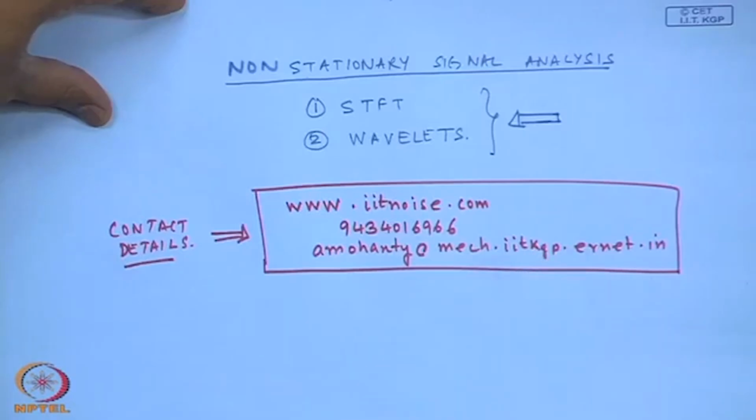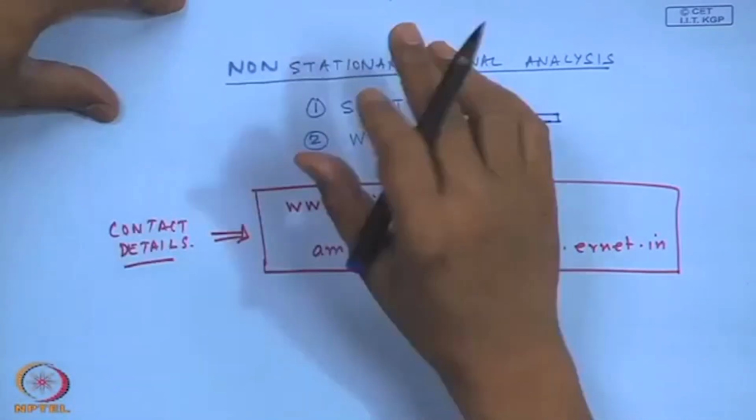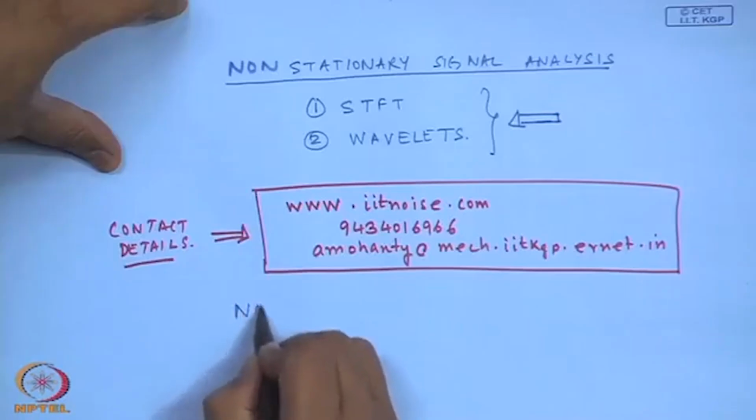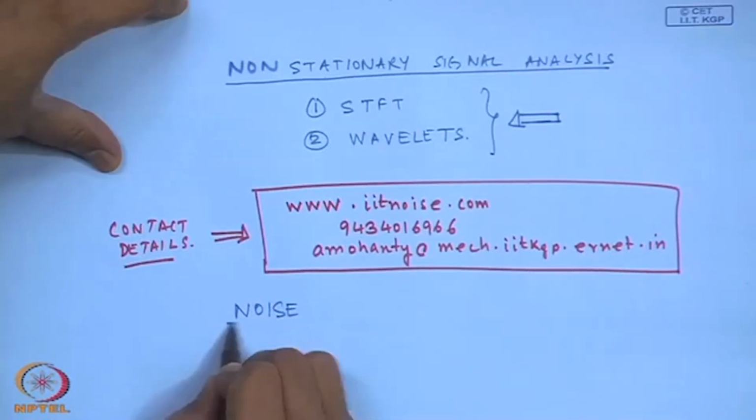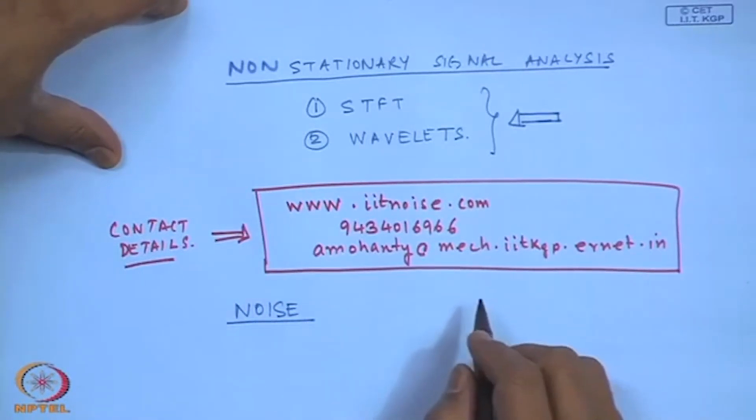Now, another very important characteristic of looseness signals is that they will be associated with noise, because things are hitting against each other.